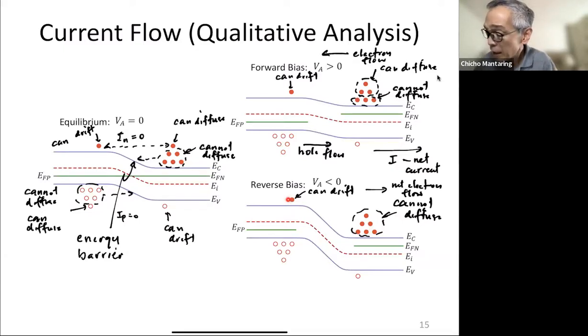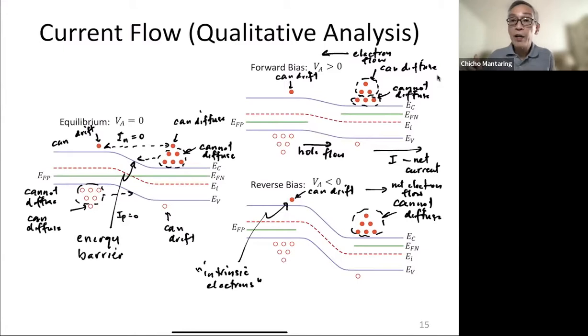However, these electrons, this is an electron on the P side, no? So itong electron na to, these are what we call intrinsic electrons. They are the ones due to your intrinsic concentration, because remember that this is a p-type. No? So if there's an electron in the p-type, it's only due to your intrinsic concentration.